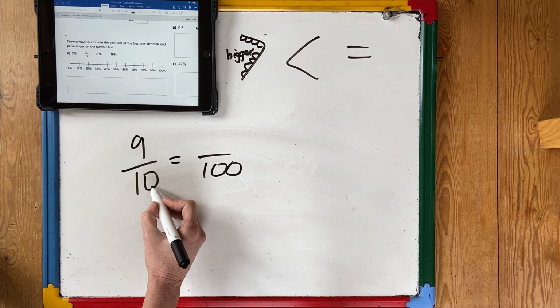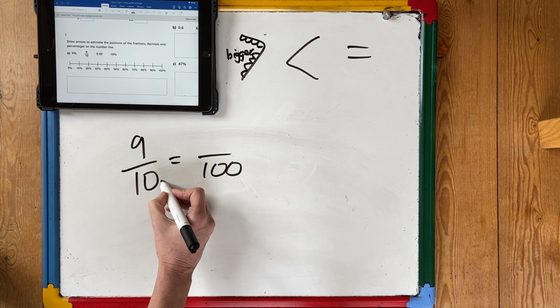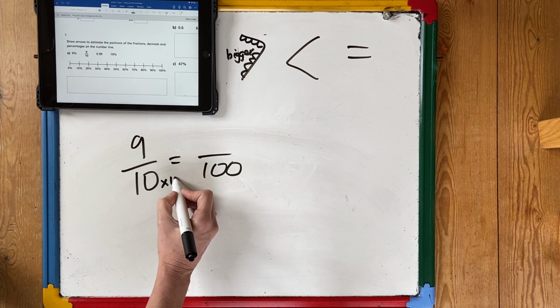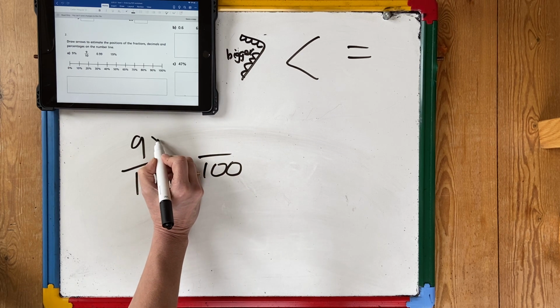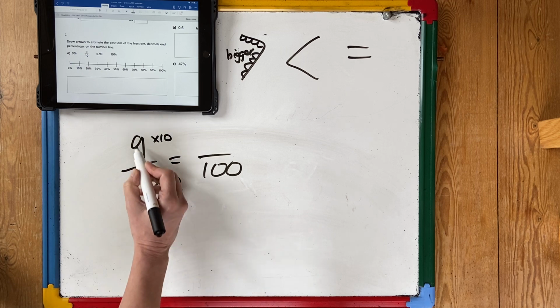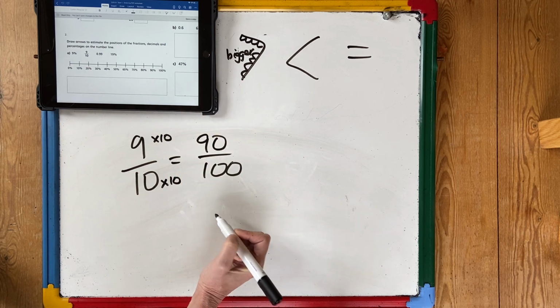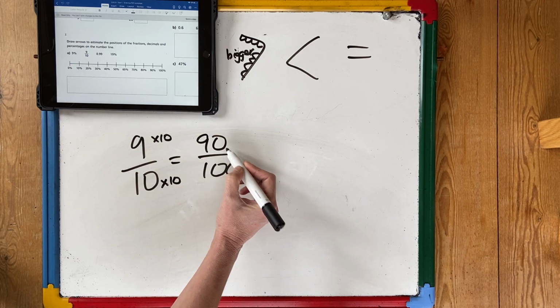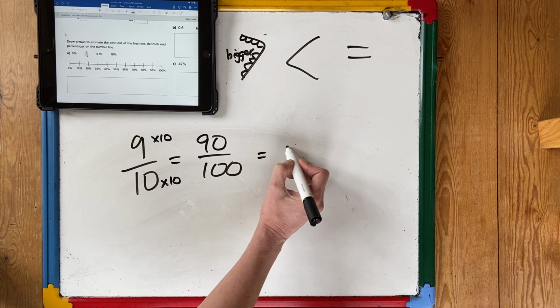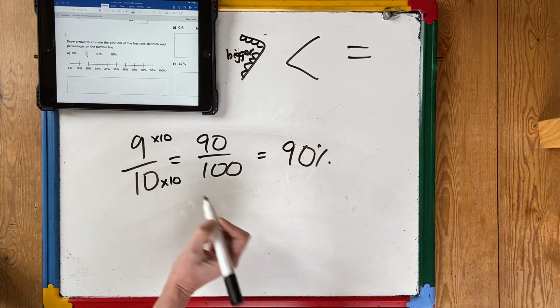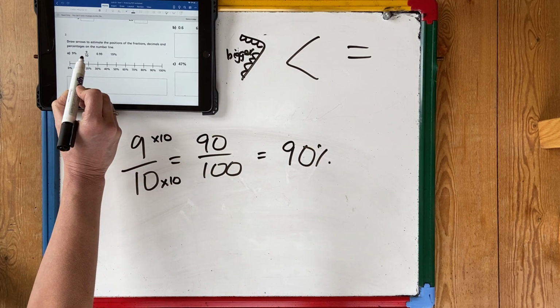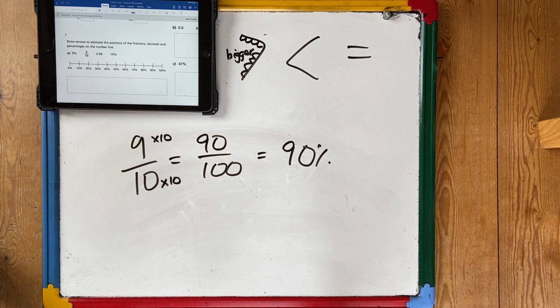So what do I multiply 10 by to get to 100? 10 times 10 is 100, so multiply the numerator by 10 as well. 9 times 10 is 90. So 9/10 is 90 hundredths, which is the equivalent of 90%. So I need to draw a line from 9/10 to 90%.